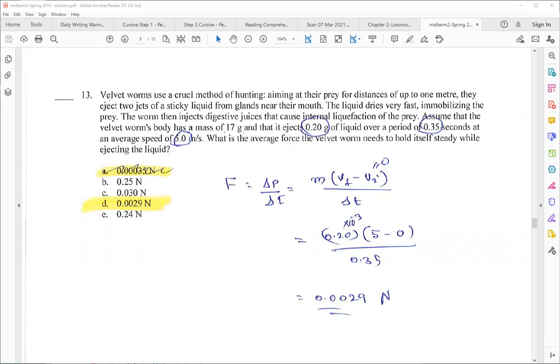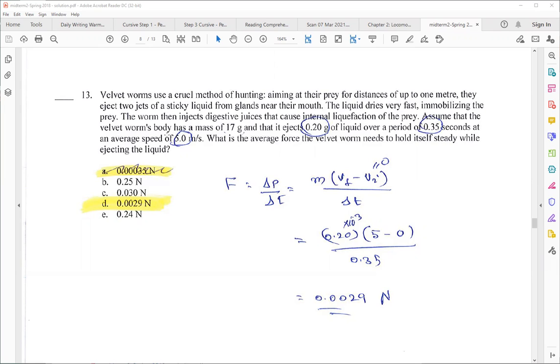Now, question 13 says, velvet worms use a cruel method of hunting. Aiming at their prey for distances of up to 1 meter, they eject two jets of a sticky liquid from glands near their mouth. The liquid dries very fast, immobilizing the prey. The worm then injects digestive juices that cause internal liquefaction of the prey.